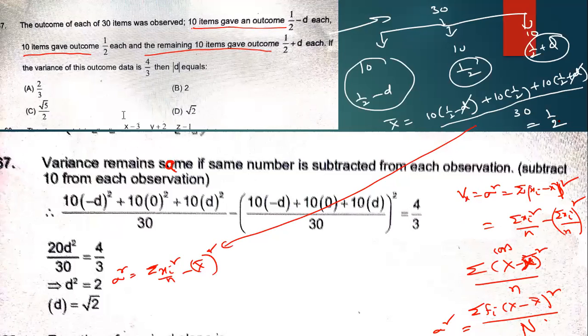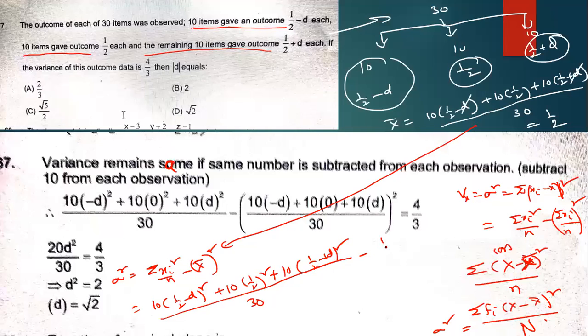What is x bar, dear students? That is 1 by 2. So write this formula: 10 into 1 by 2 minus d whole square, 10 into 1 by 2 whole square, 1 by 2 plus d whole square, all divided by n, which is 30 observations, minus 1 by 2 whole square. That is the variance. Now simplify and you can get the result.